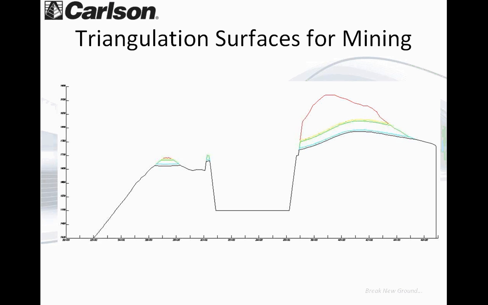Okay, long awaited: triangulation surfaces for mining. There's now an option to use a tin for the ground surface, which allows you to pick up topo features like benches.